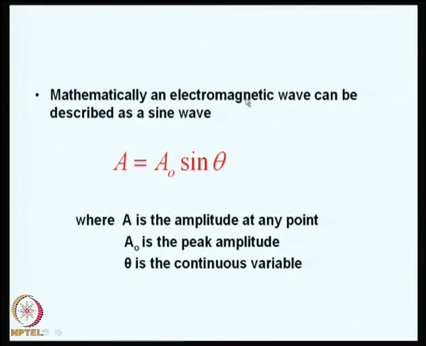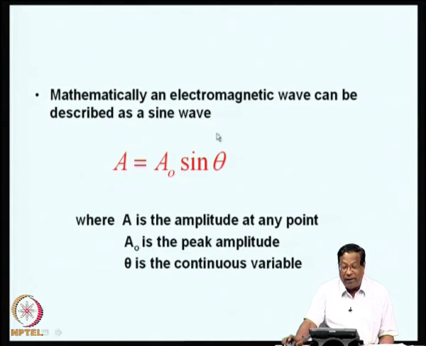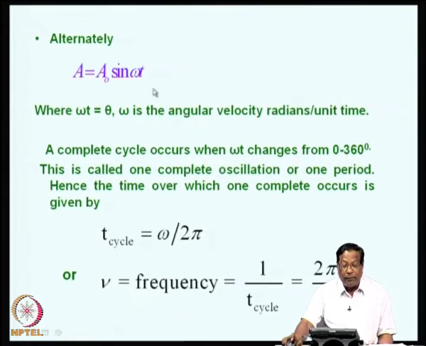Such a plane polarized wave is represented mathematically. So, mathematically an electromagnetic wave can be described as a sine wave, something like this: A = A0 sin θ, where A is the amplitude at any point, A0 is the peak amplitude and θ is the continuous variable. Now, it can also be represented as A0 sin ωt, where ωt is equal to θ and ω is the angular velocity in radians per unit time.